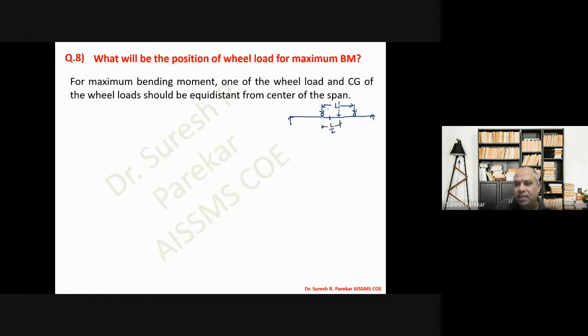And then we have this distance, that is L by 4. So this is also L by 4, and this distance is also L by 4. So CG of the wheel load and one of the wheels should be equidistant. Both these are at L by 4 from the center, so equidistant from center of the span.